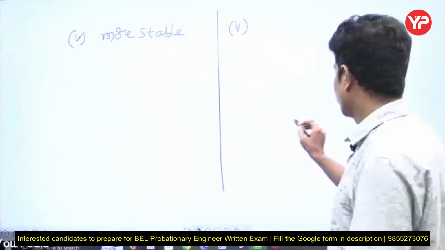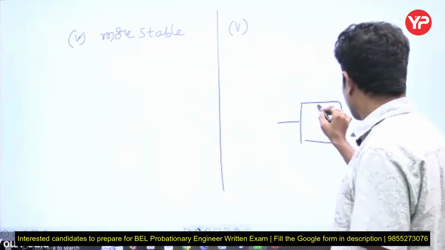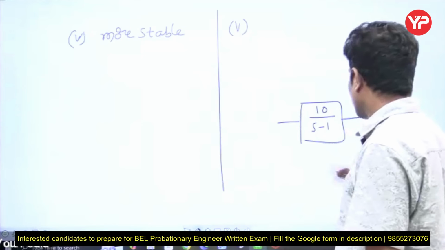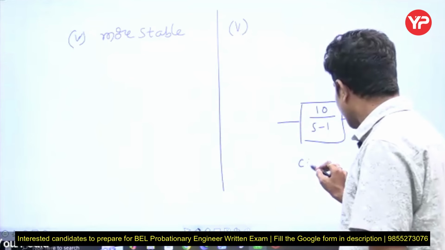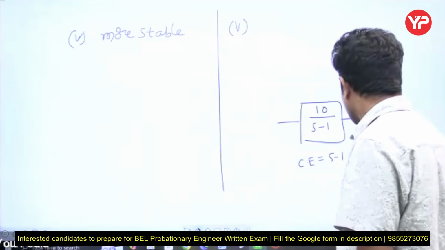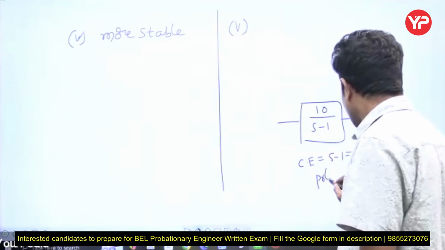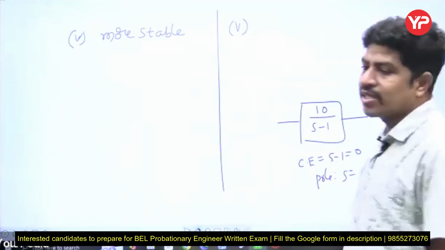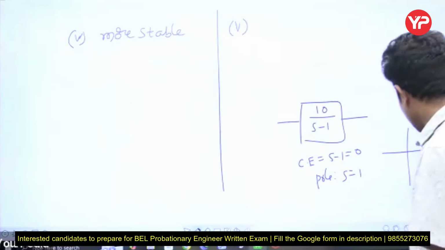That's why I did not take it in this point. Simple example I'll take. Suppose 10 by s minus 1 is there. This is open loop. What is its characteristic equation? s minus 1 is equal to 0. Its pole is at s equal to 1, which is the right side. If a pole is in the right side, the system is unstable. Yes, it is unstable.